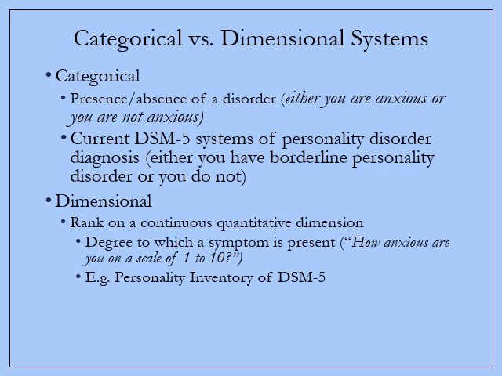And in a dimensional system, you get a little more information about exactly where that behavior lies in terms of severity. An example of this is the personality inventory, this alternative system of diagnosis in Section 3 of the DSM-5, where people are rated on personality facets rather than going down the list of criteria to determine whether or not they have a disorder.